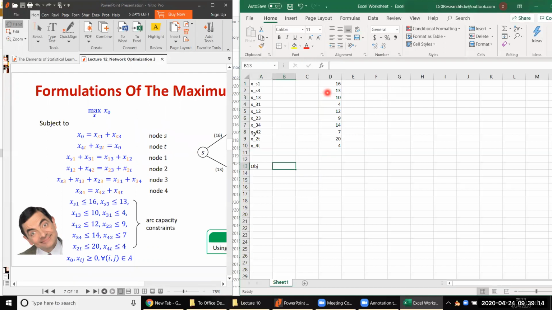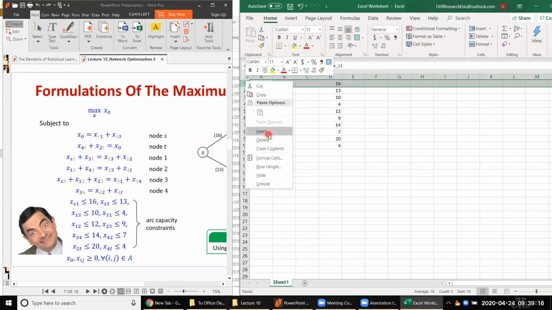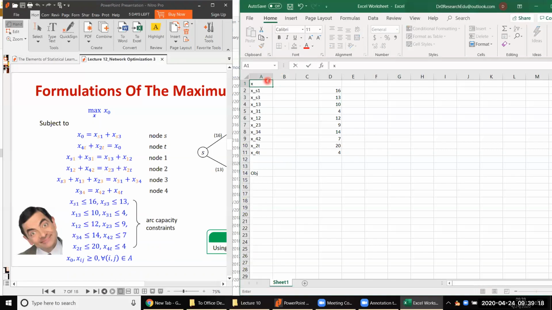Okay, the objective function, I forgot the most important one, which is x0. The objective function is equal to x0, and I'm going to maximize it. And then the constraints. First, let's say for x0, for xt, and then for x1, x2, x3.